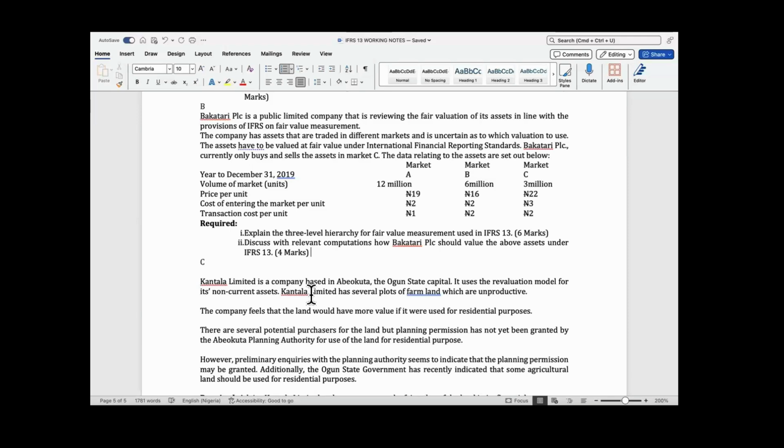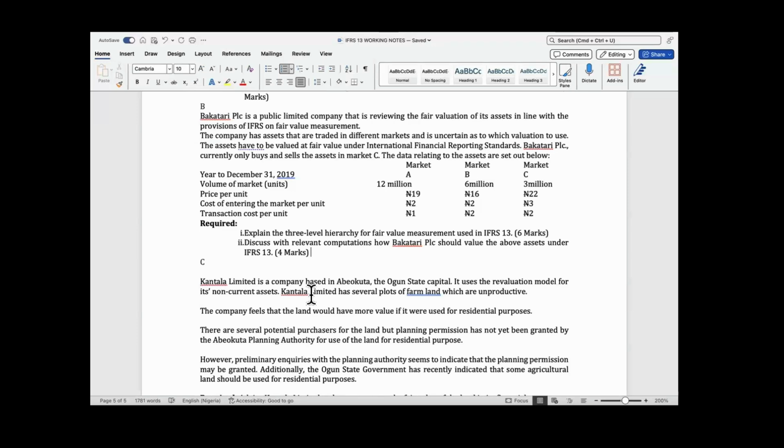Atakari PLC currently only buys and sells the assets in market C. The data relating to the assets are set out below.